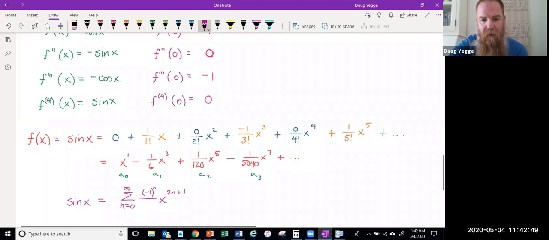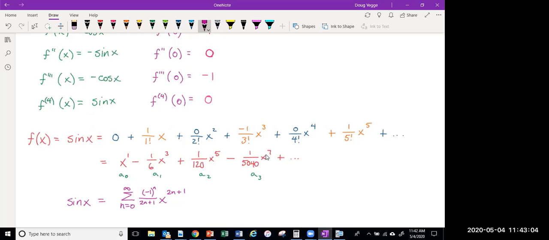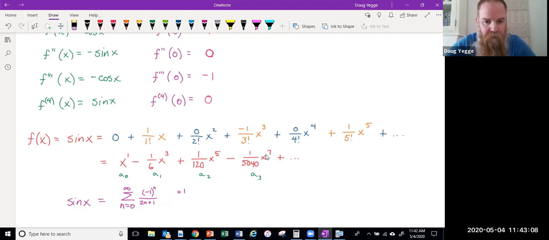So notice that the denominator is going to match the power. So that must mean that over here, the denominator is 2n plus 1. And we have just created the power series representation for sine x. Factorial, right? 2n plus 1. Factorial. Yes, thank you. That's a factorial.